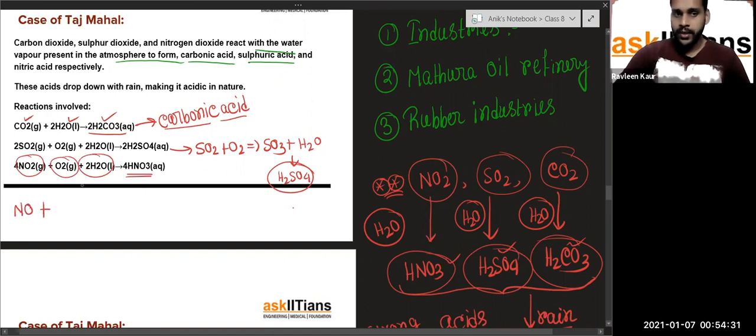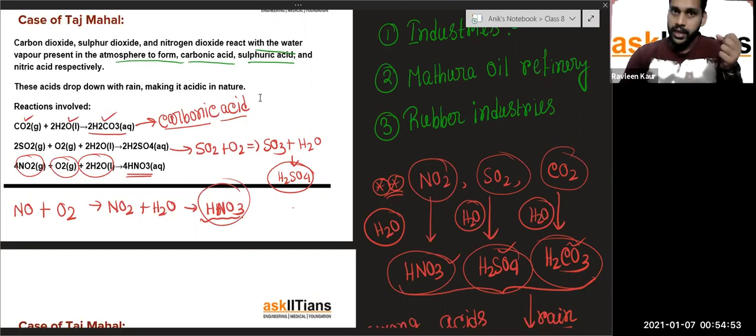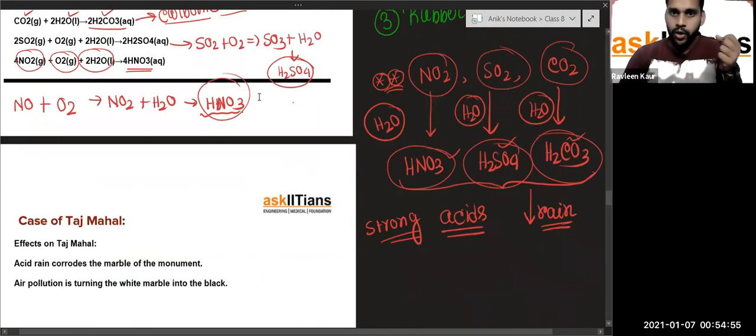How can it make that? It reacts with oxygen to make NO2, and this NO2 reacts with water to give you HNO3. So these are the main ways through which different types of pollutants are polluting the air surrounding us. Got it?